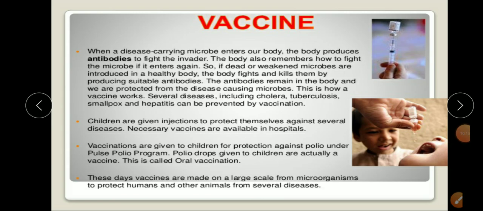So the body also remembers how to fight the microbe if it enters again. If dead or weakened microbes are introduced in a healthy body, the body fights and kills them by producing suitable antibiotics.